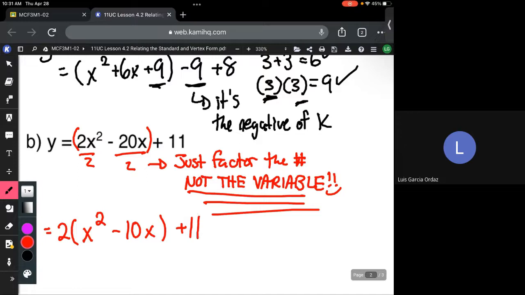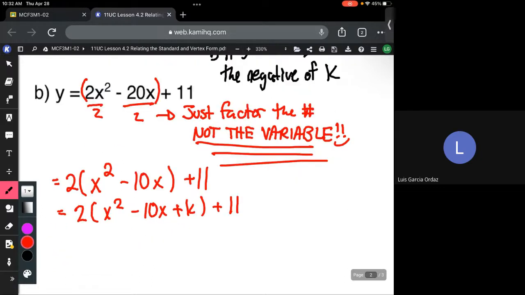Now that we have x squared minus 10x in my bracket, I have to rewrite it as 2 times (x squared minus 10x plus k) plus 11. So now let's focus on the trinomial. You always want x squared to not have a number in front of it, so we have to factor out the 2.